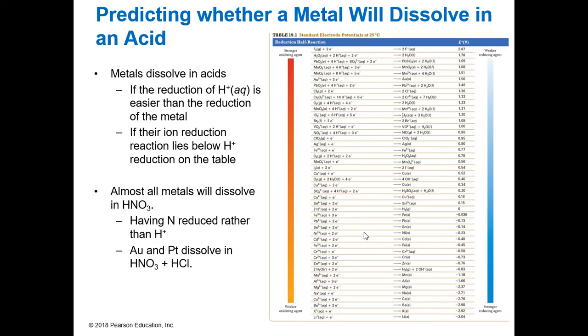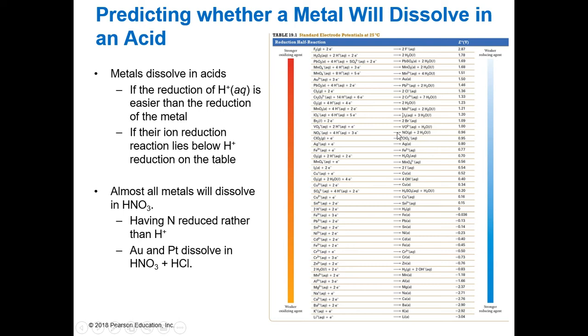But what we could look at is nitric acid. So nitric acid does have the same reduction reaction, right, of the hydrogen ions, but it also has another reaction. It also has the NO3 reaction plus the 4 hydrogens. So it has a higher reduction potential.